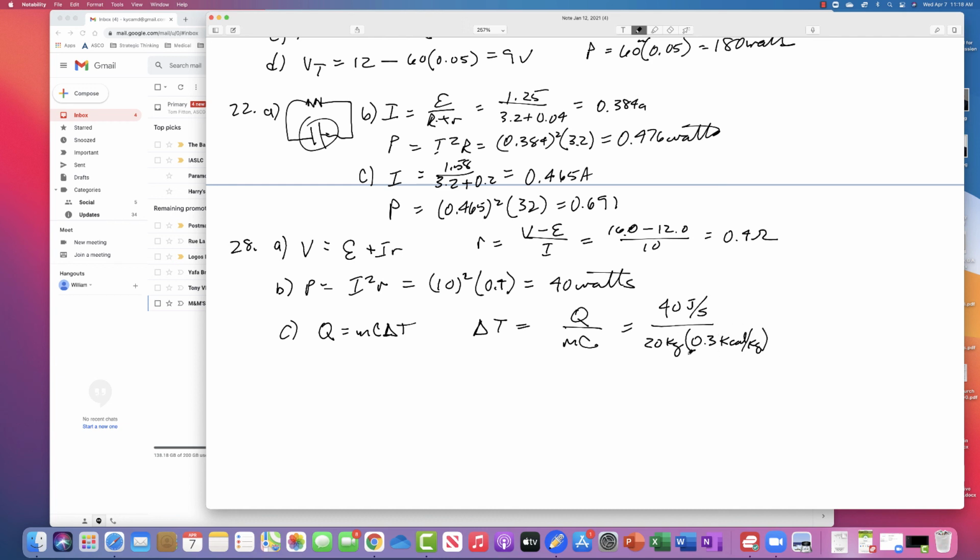Now we have to convert kilocalories to joules, because this is in joules, and that's 4.19 joules per calorie, or 4.19 kilojoules per kilocalorie. So we can either change this to kilojoules or change this and this. So let's leave this the way it is, and we'll change this number to kilojoules.